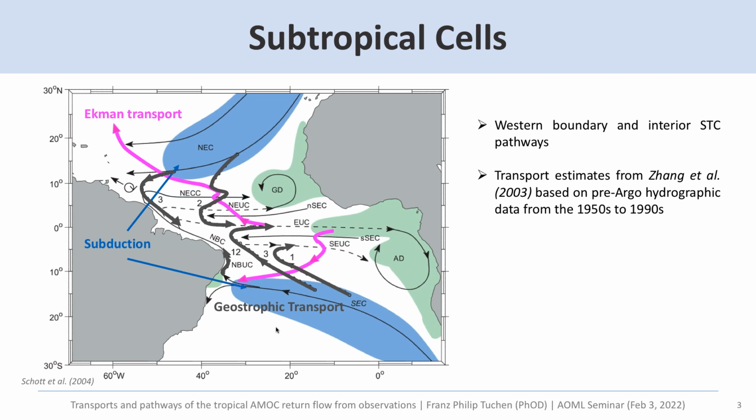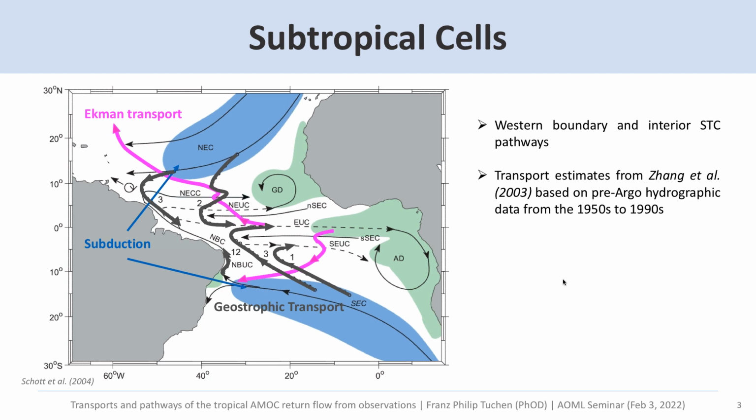Also shown here are transport numbers associated with these different pathways from a study by Zhang et al. in 2003, which was based on hydrographic data. So they produced a mean estimate from data between the 1950s and 1990s.